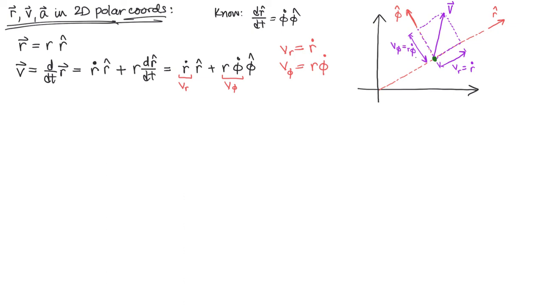So that's what we mean by the tangential and the radial components of the total velocity. Okay, great. So now we're ready to march ahead and look at the acceleration, which is the rate of change of the velocity, or if you'd like, the second derivative of the position.